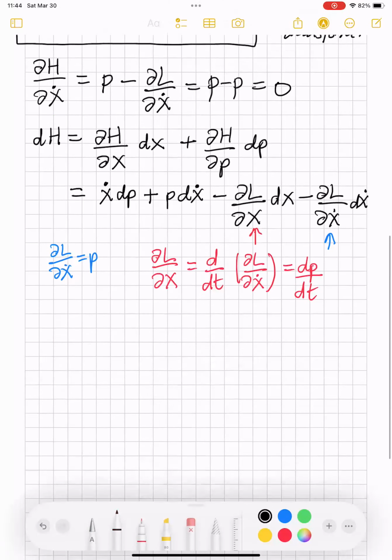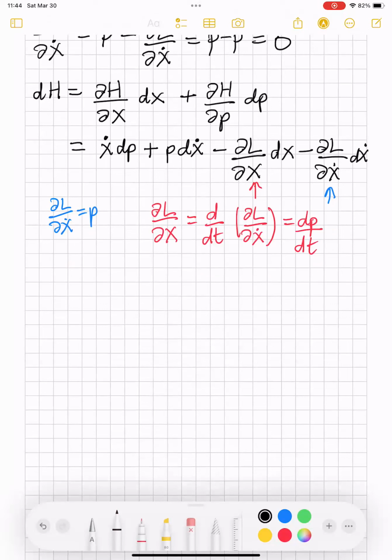So let's just write this down. This is equal to x dot dp plus p dx dot. Now let me use the red replacement. This is minus dp/dt times dx.